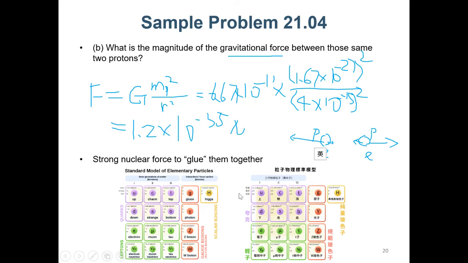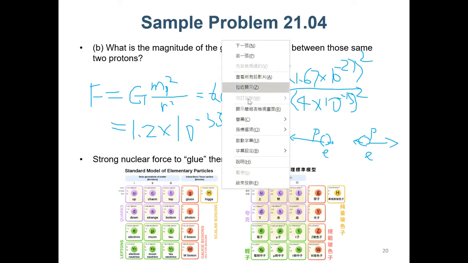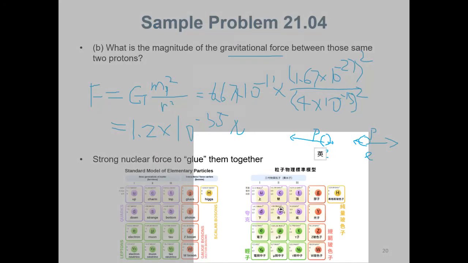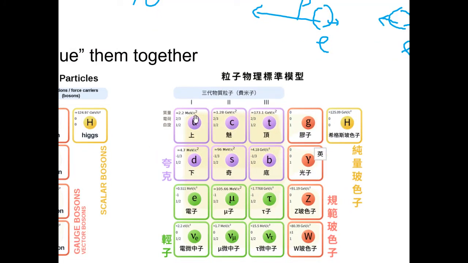So you can check here. In this table, you can check there are some masses here. For generating the first generation, we need 2.2 MeV and 4.7 MeV. But here we need 1.28 GeV per c squared to really generate these quarks.